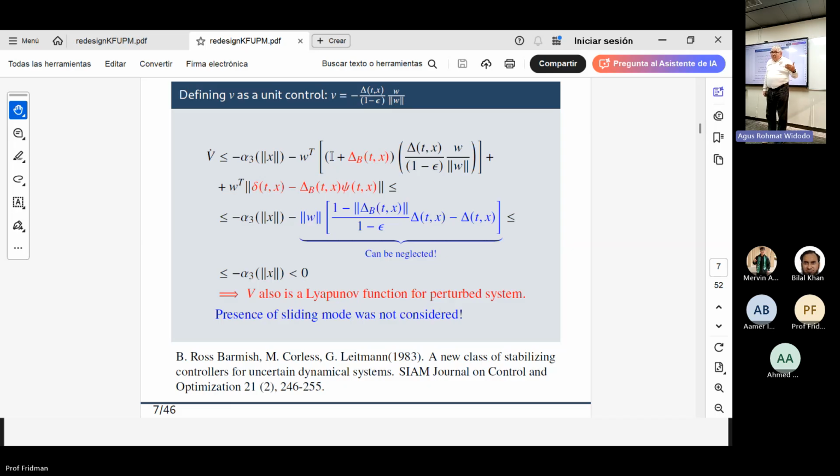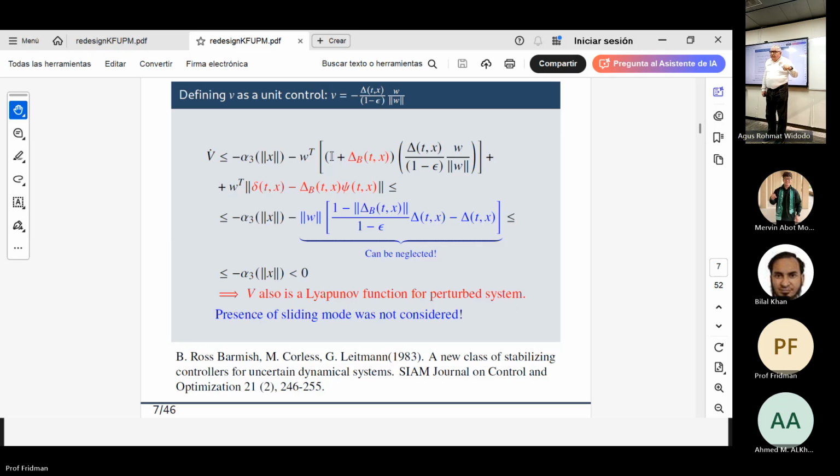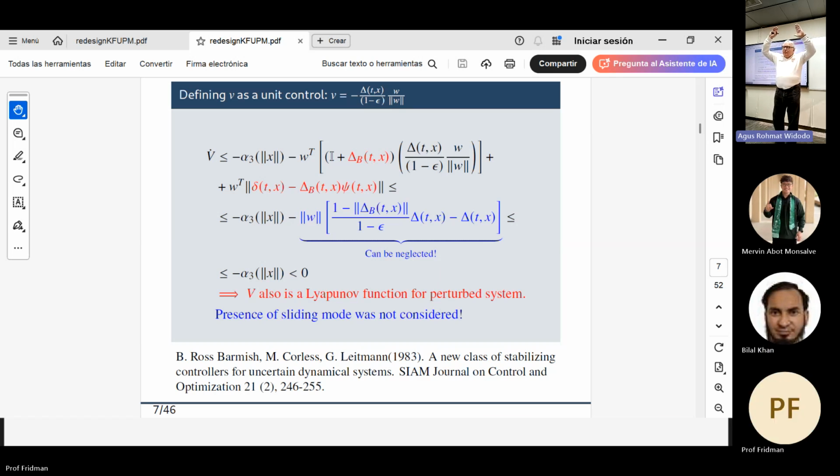We are able to tell that after such a trick, we can neglect this part, and that the initial nominal Lyapunov function will also be a Lyapunov function for which system?